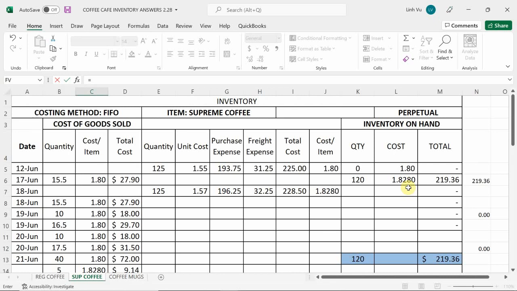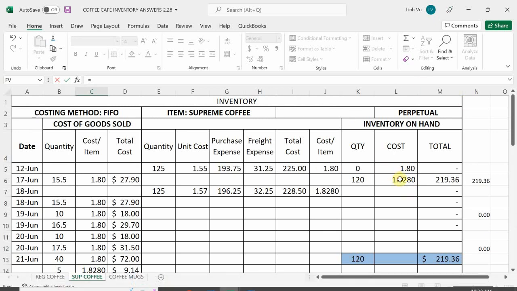At what cost? At cost it's 219. That's my total cost. But what is my cost per item? How much is each pound? Not total cost, cost per item.